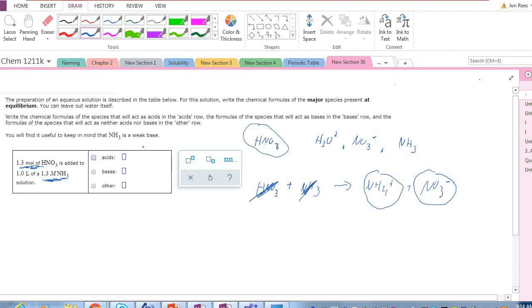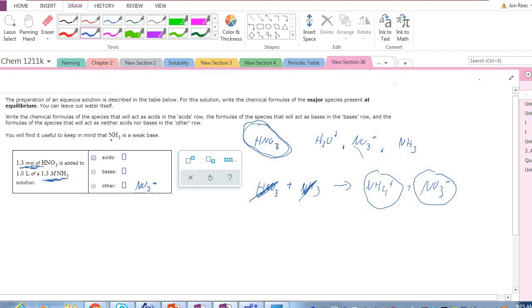So we know that NO3- is going to go in the other category, and how do I know that? Because it is the conjugate of a strong acid. So that is going to be a spectator, it's not going to do anything. Then we have NH4+, the ammonium ion here.